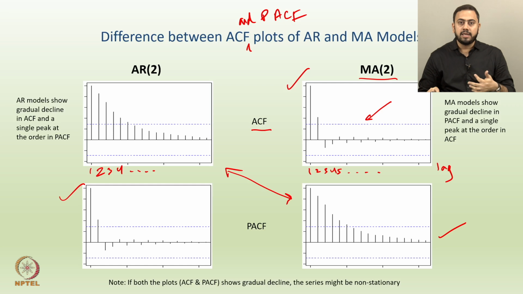If you are analyzing any practical data, you should make it a habit to draw both the plots simultaneously, and observe the patterns and behaviors of the correlations in both the plots collectively. If in one of the plots you are seeing a cutting off tendency and in the other plot you are seeing a tailing off tendency, then accordingly you can choose the model to be either AR or MA, and the lag after which you see the cutting off tendency fixes the order.